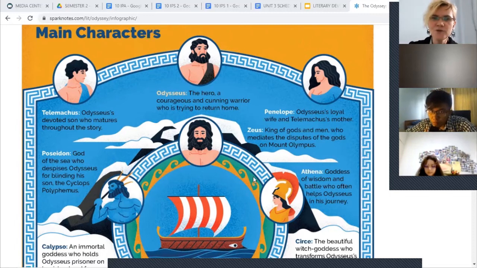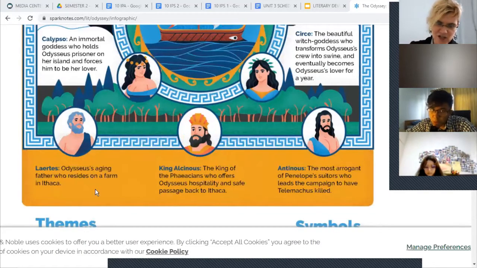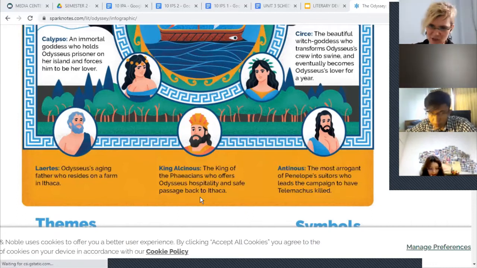Then we go to the smaller characters here. We have Laertes, Odysseus' aging father, who resides on a farm in Ithaca. And then we've got King Alcinous, the king of the Phaeacians, who offers Odysseus hospitality and safe passage back to Ithaca. And Antinous, the most arrogant of Penelope's suitors, who leads the campaign to have Telemachus killed.